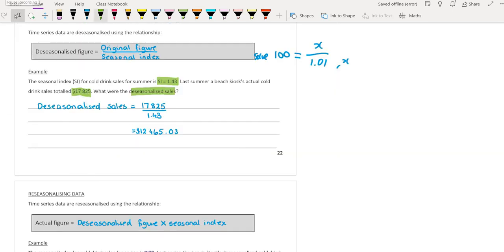This next part here talks about this formula again. It's represented in a different way, but we're just using the same formula. Now the original figure, which is the actual figure, is our subject, and to find that we put them in this order. But again, this is the same as if you were to use this formula here and solve it on the CAS for the actual figure, it will give you the same outcome.